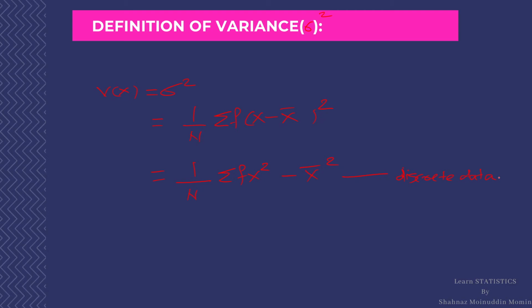Now for the continuous data, the variance is defined as sigma square is equal to 1 upon n summation f into m minus x bar square. This is the definition, and after simplifying this formula, we will have the formula 1 upon n summation f into m square minus x bar square for the continuous or grouped data.